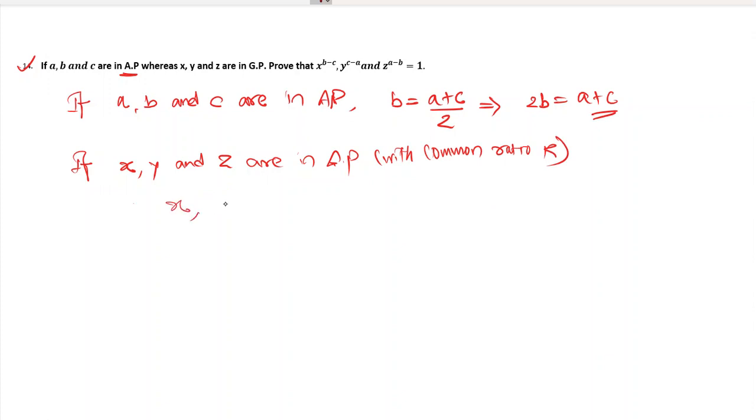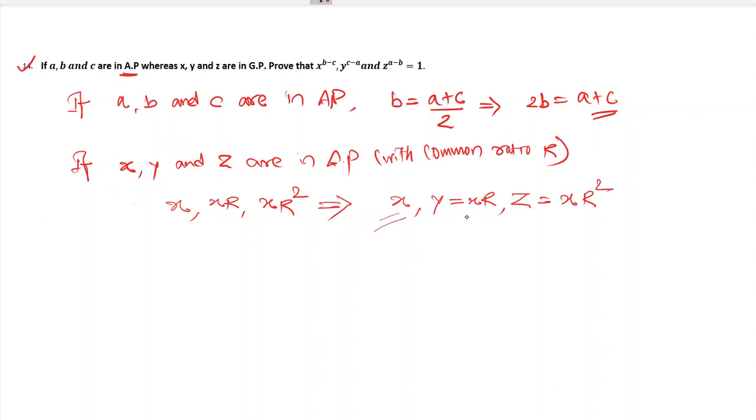X, X into R, and X into R square as the terms of GP, which implies that the first term is X, the second term, which is Y, is nothing but X into R, and the third term, which is Z, is X into R square, right?